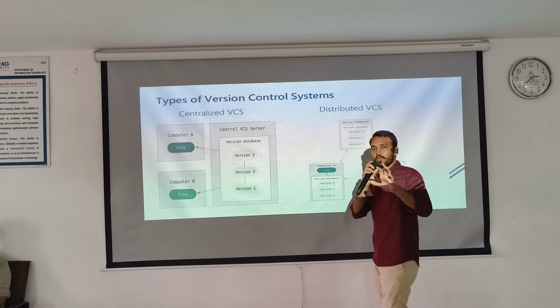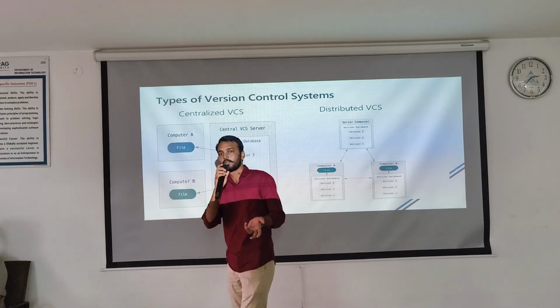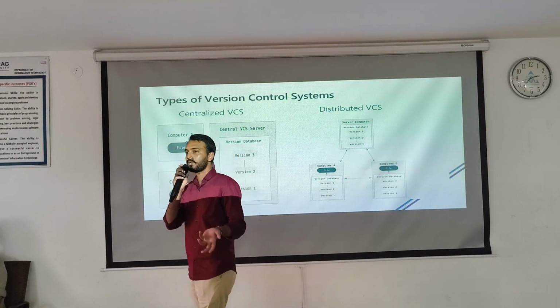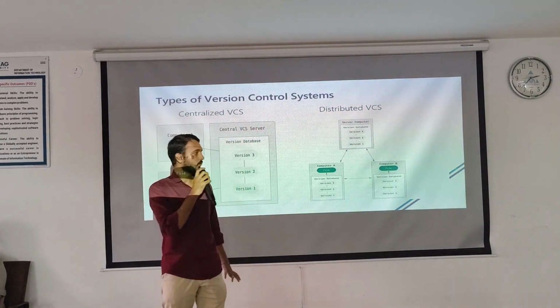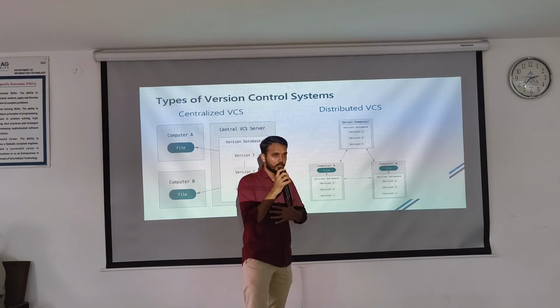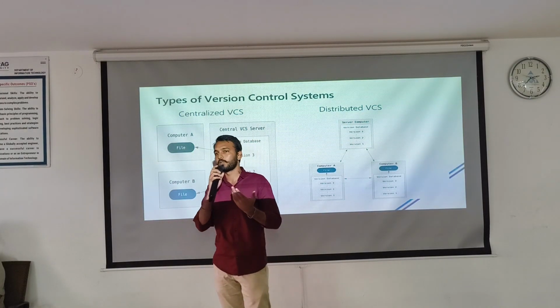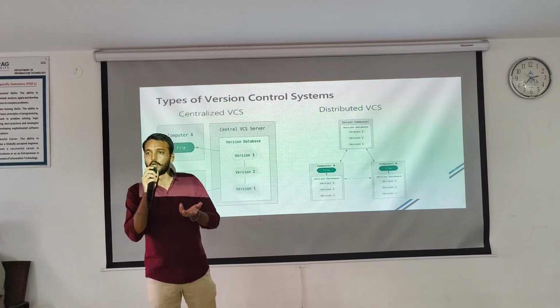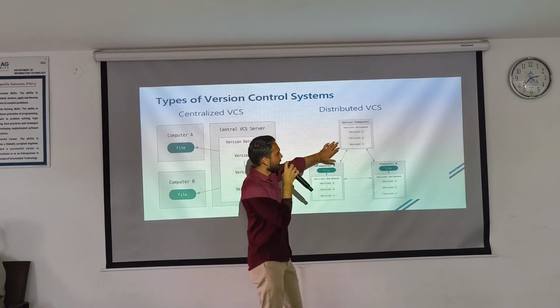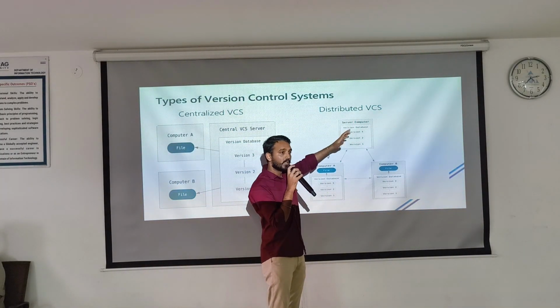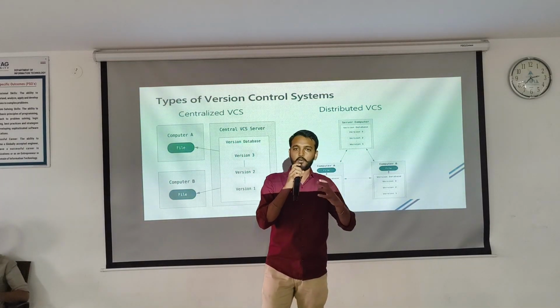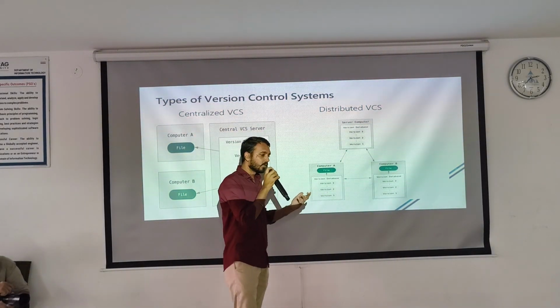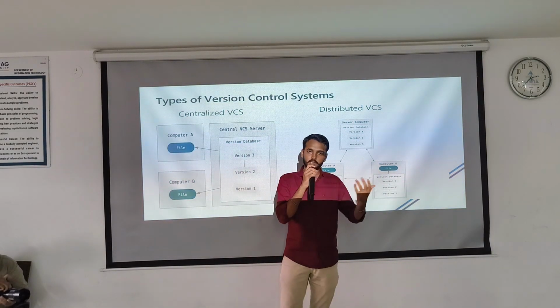Each developer, every one of us is a developer, right? Anyone who doesn't want to become a developer? No, right? So every one of us will have a local system and local code. We can modify that without internet, and when we have internet, we can push it to the repository.